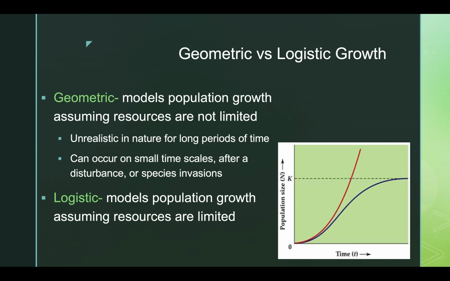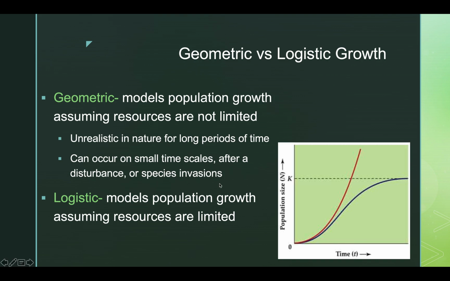But mostly what we talk about is logistic growth, which is this blue line in the model next to us, which is a model that assumes that resources are limited. So you can see both the geometric and logistic growth curves start in a similar way. They start at time 0 and they start to increase, and they're growing and growing and growing. Just around the time that geometric growth starts to take off, we still see an increase in growth in the logistic growth curve, in that blue curve.